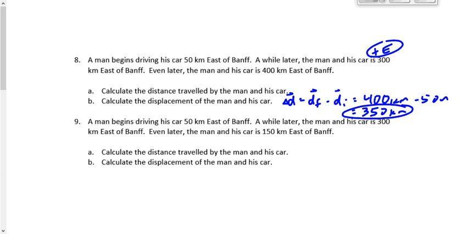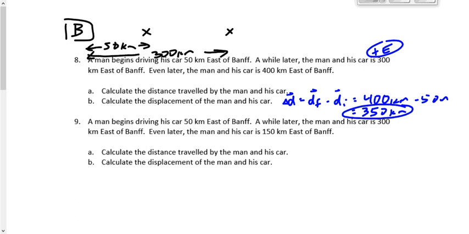But it might be useful to draw a map here. Okay, let's do that. Here's Banff. I start 50 kilometers east of Banff. And then I am 300 kilometers east of Banff. And then I end up 400 kilometers east of Banff.